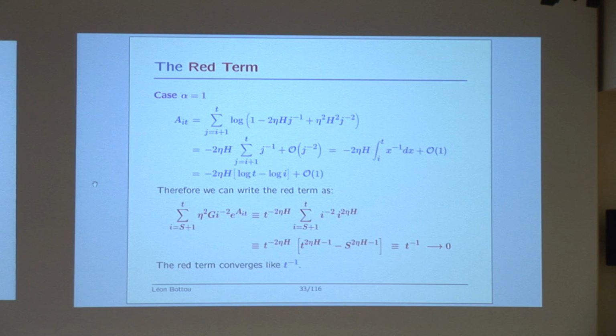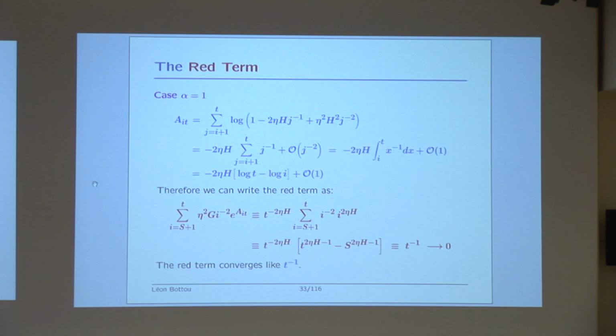So I have the sum from i equal s plus 1 to t of eta squared g i to the minus 2 exponential a_i,t. And by removing the constant and everything, this is equivalent to t to the minus 2 eta h, that comes from this log term, times the sum of i equal s plus 1 to t of i to the minus 2, i to the 2 eta h, that comes from this log i here.